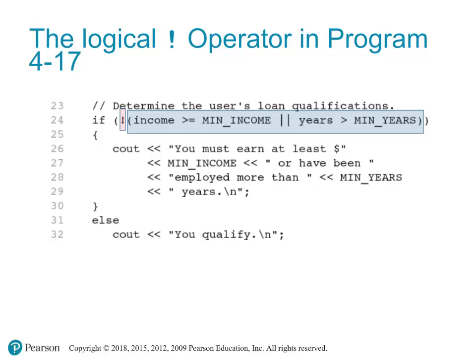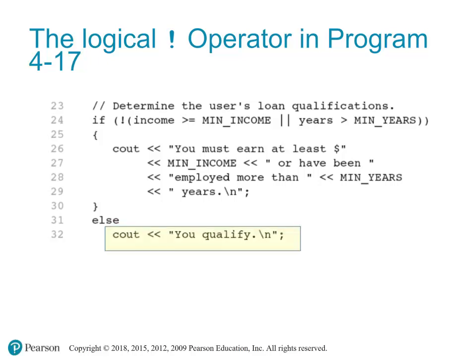So if neither condition is met, the NOT operator will make the if statement true, and the user will be informed that they don't qualify. In the else block, if either of the conditions is met, the else block will execute, indicating that the user qualifies for the loan.